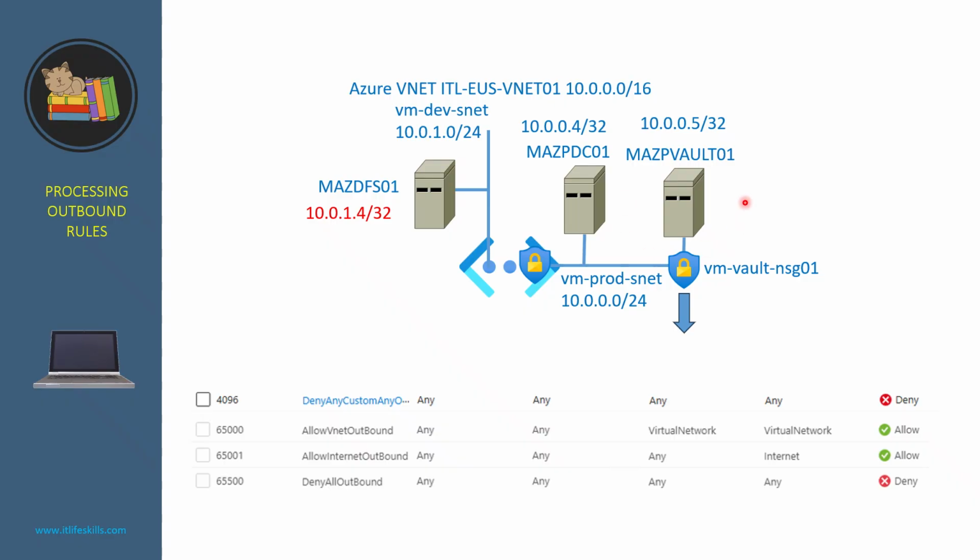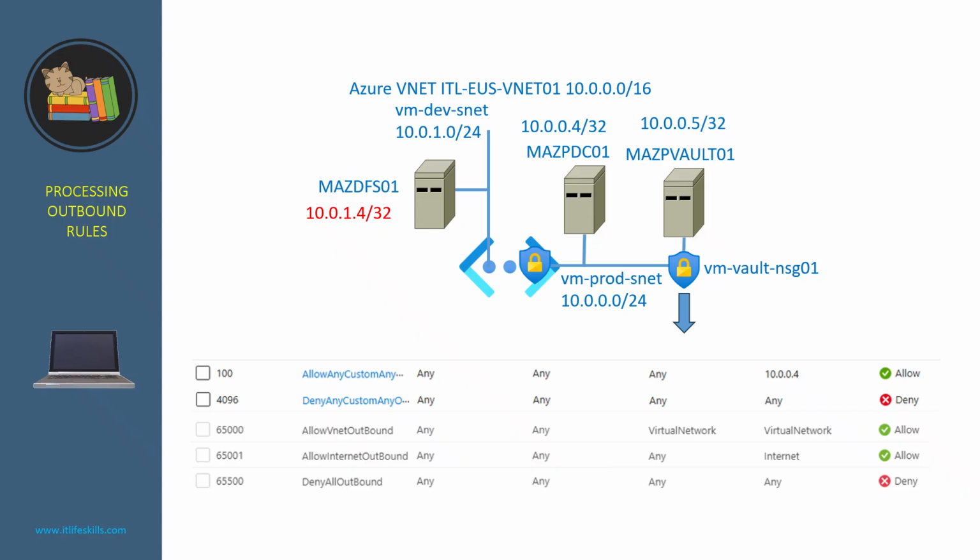Because the vault must contact the DCs for its services, we want to allow the outbound traffic from the vault to the DCs. To do that, we need to create a new outbound security rule to allow any traffic from anywhere to the DC and assign it with the priority 100.